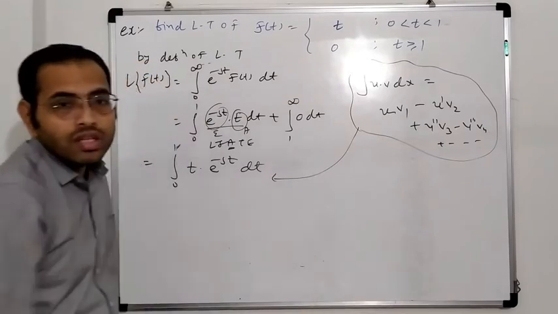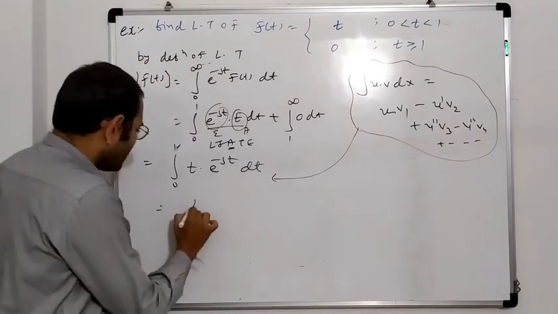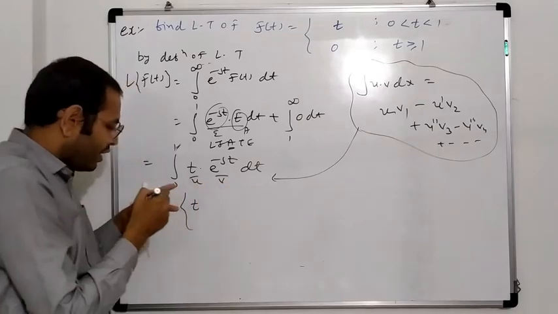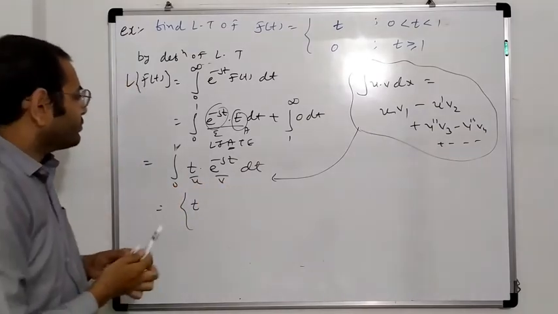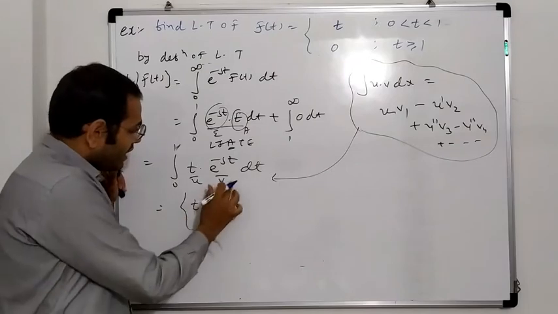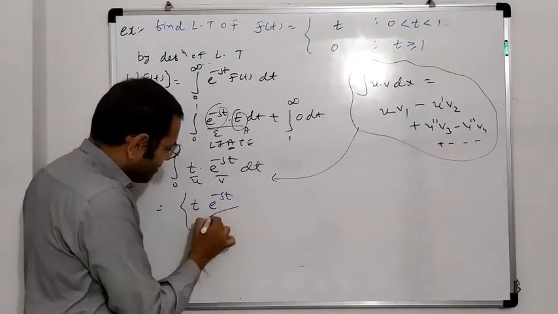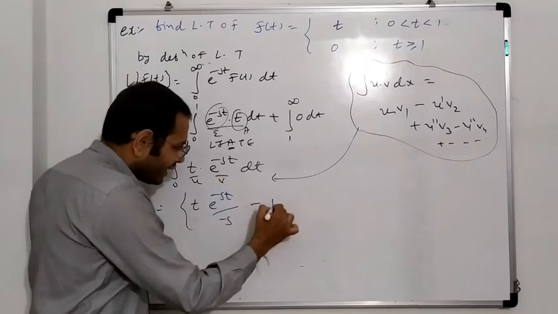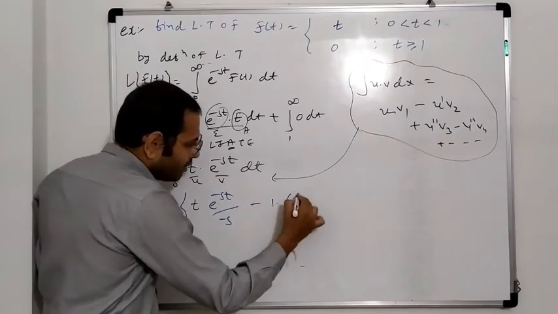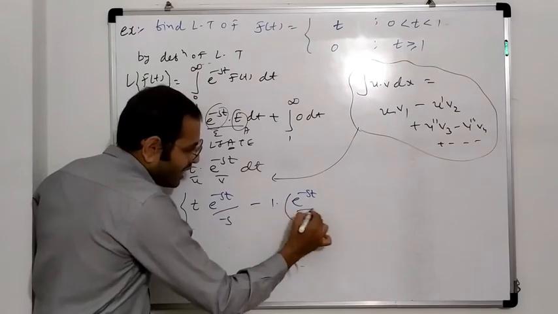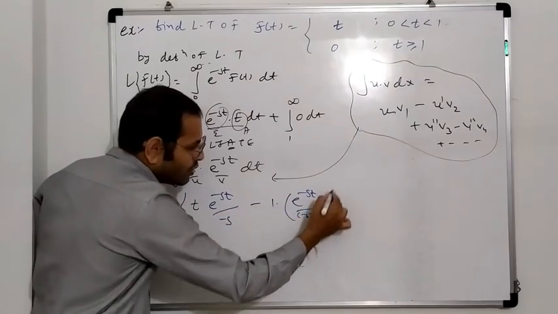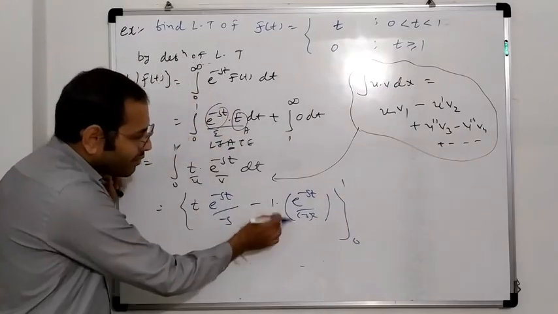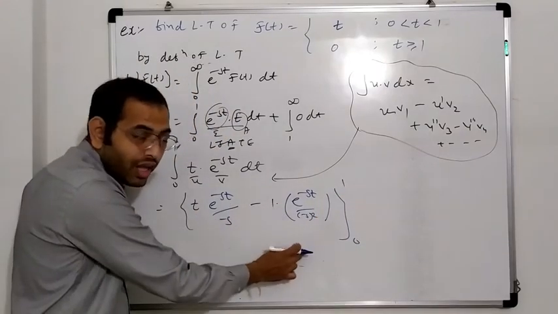This formula we use at this particular position. We take the value of u and the value of v. Then u as it is, e raised to minus st by minus s, integral of v, minus derivative of t, that is 1, into the integral of this term, e raised to minus st divided by minus s whole square, with limits 0 to 1, plus the derivative of 1, which is 0, and 0 into anything is 0.